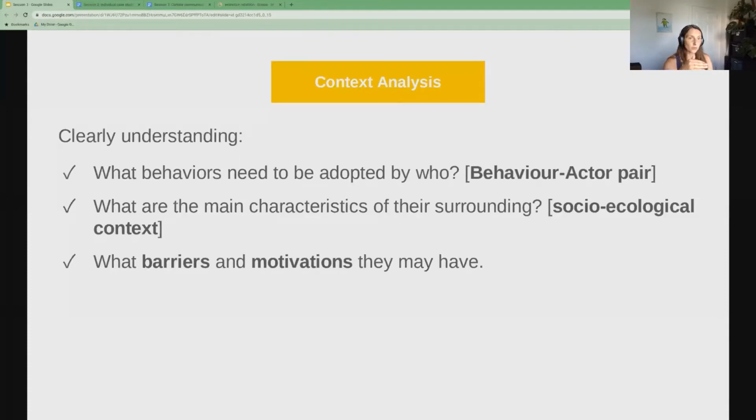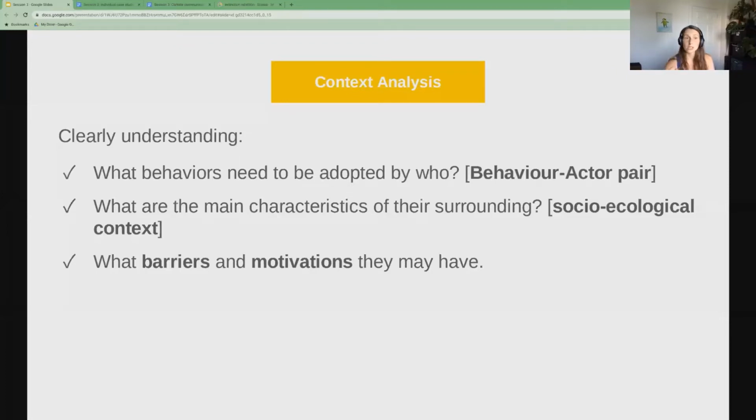And from there, we can get to the barriers and the motivations, which are a key aspect of any intervention or campaign you're running with regard to behavior change. You really want to get to know your actors' and audiences' barriers and motivations. What is keeping them from changing their behaviors, and what would motivate them to change? In the composting example, what are the barriers to composting?